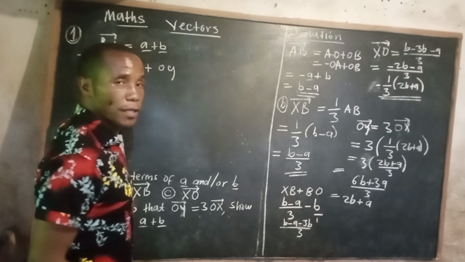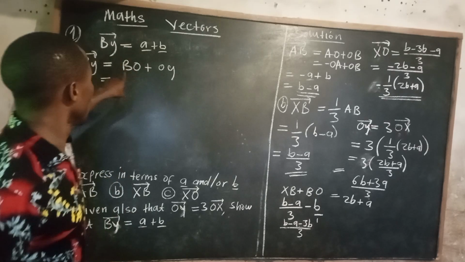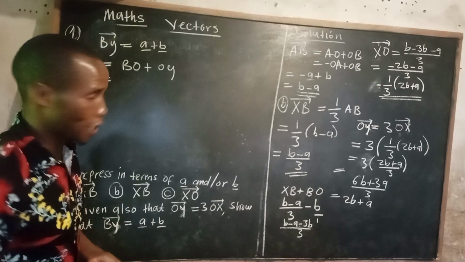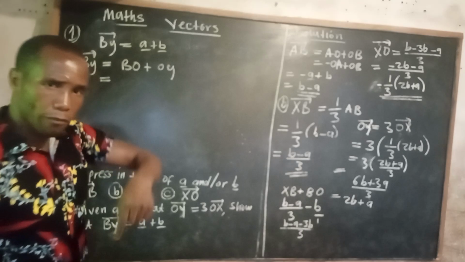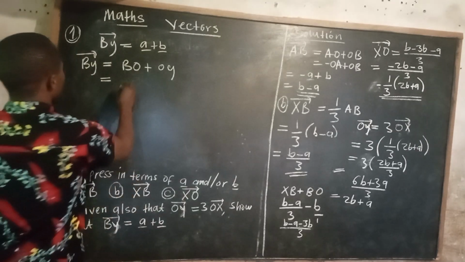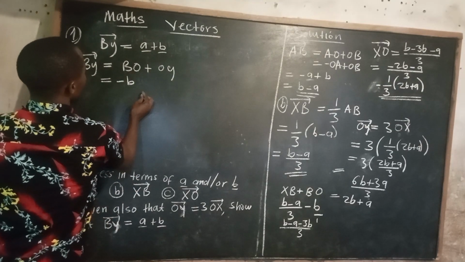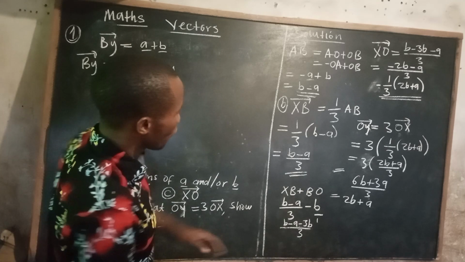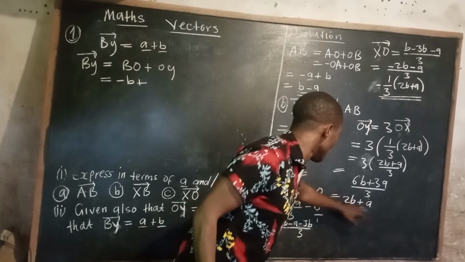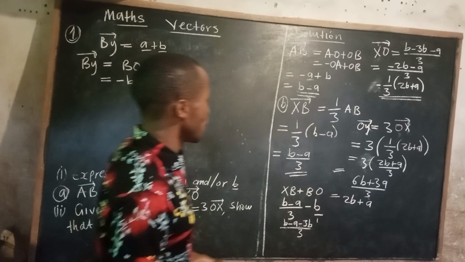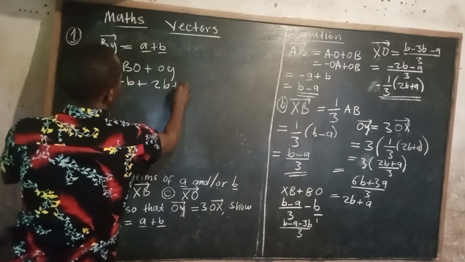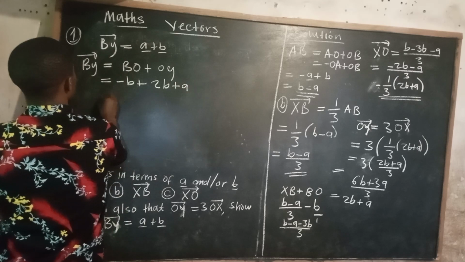Instead, we are starting from B going to the origin, which shows that it is the opposite direction. So that b value is going to be a negative. Negative b, then plus OY. Don't we have OY? We have found it is here. So OY is 2b plus a.